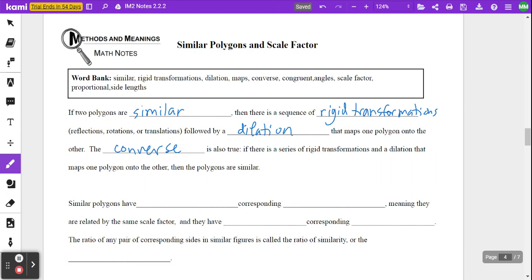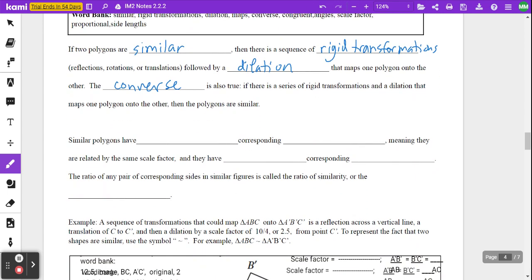If there is a series of rigid transformations and a dilation that maps one polygon onto the other, then the polygons are similar. Similar polygons have proportional corresponding side lengths, meaning they are related by the same scale factor, and they have congruent corresponding angles. The ratio of any pair of corresponding sides in similar figures is called the ratio of similarity or the scale factor.